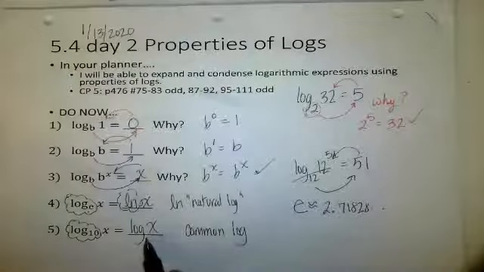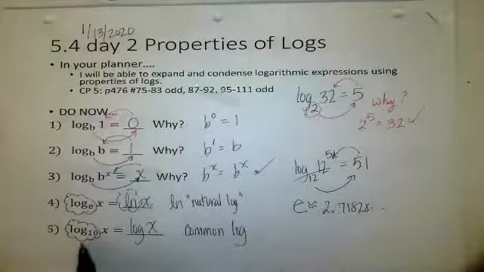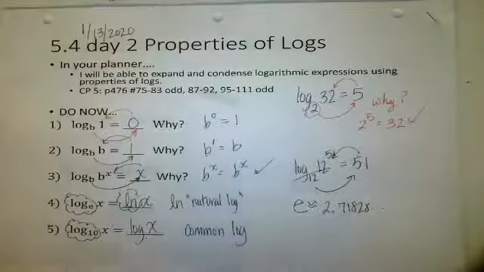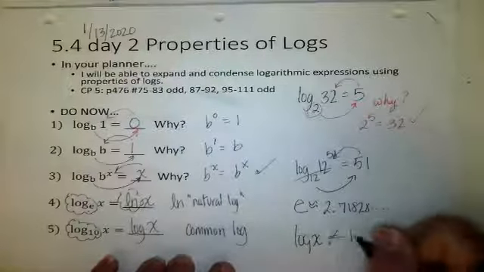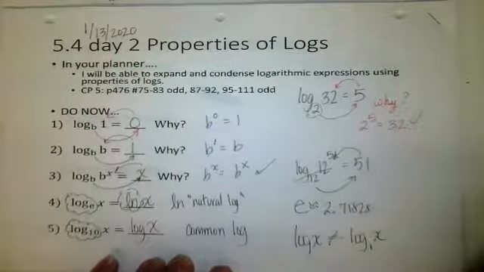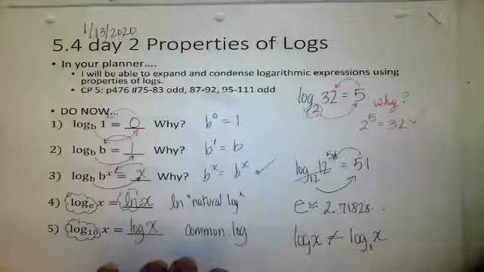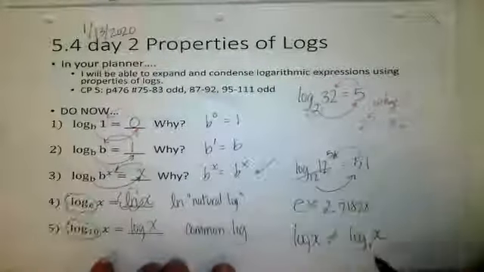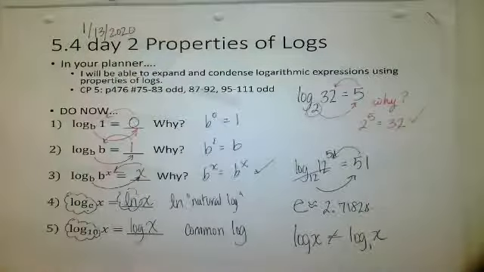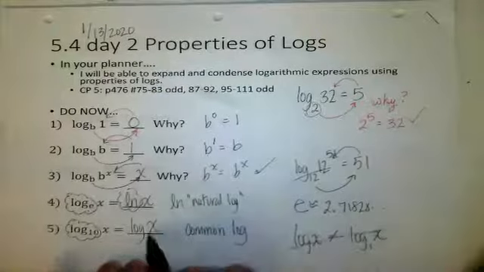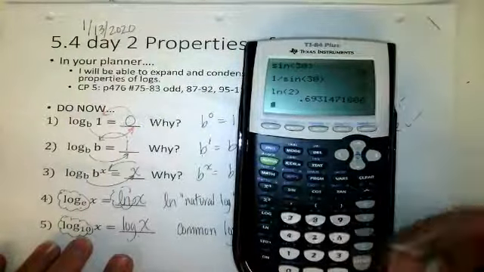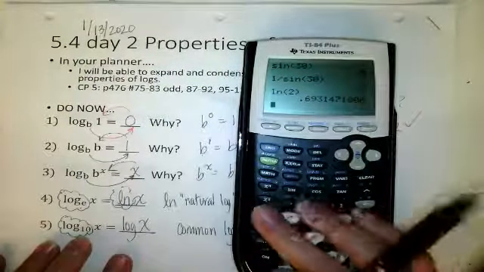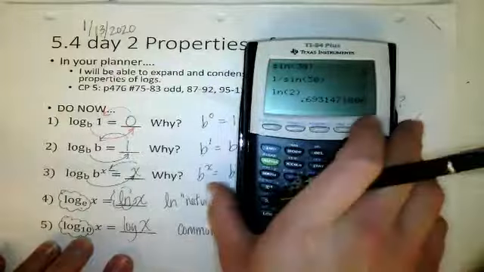So log of x means log base 10 of x. And that's really important, that log of x does not equal log base 1 of x. It's because the base couldn't equal 1. We had conditions on b. So this is called the common log, and that button is on your calculator as well. Just the log button, and that is base 10 because your calculator is base 10.